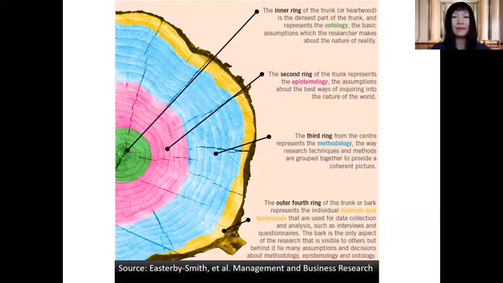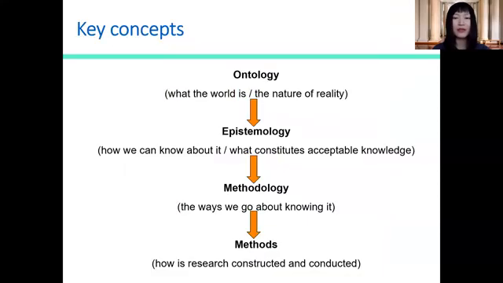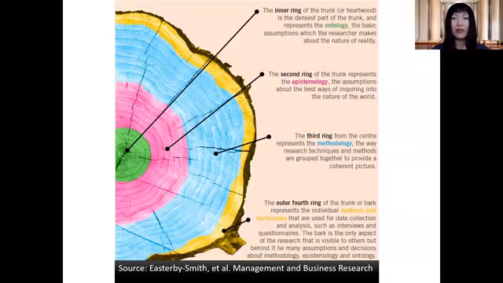Okay, so here is also a graph showing the relationships among the four terms, similar to the previous slide, which is a more linear relationship. So I put two graphs here to show actually the same thing.